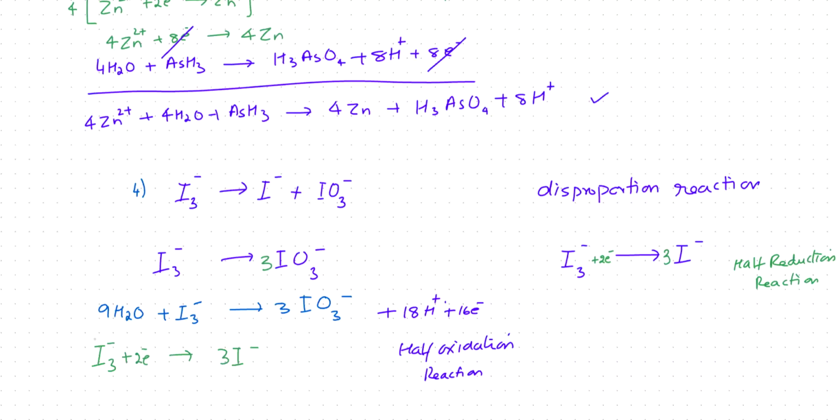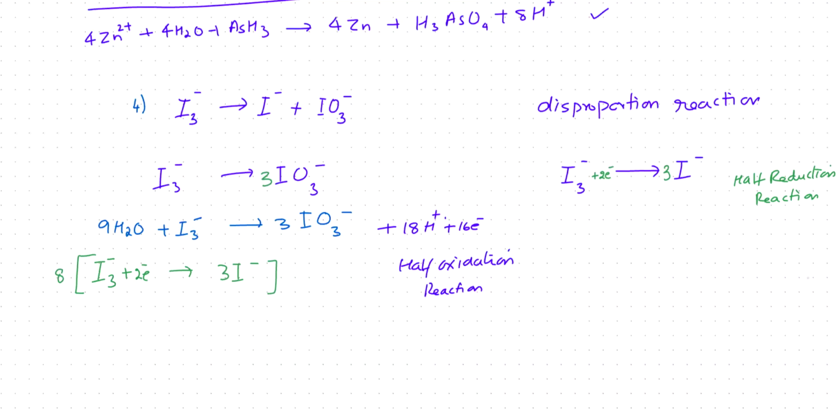So we multiply by 8. 8 times 2 is 16. So we get here 8 I3 negative plus 8 times 2, 16 electrons, and 8 times 3 is 24 I negative.